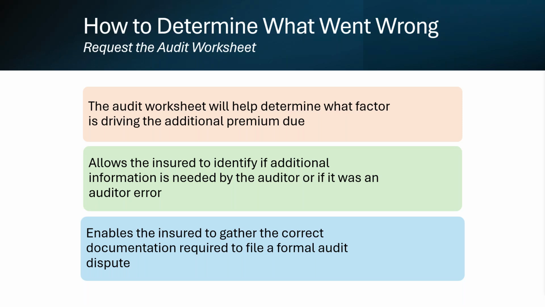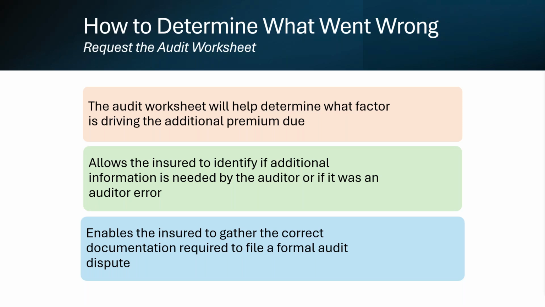For example, a homeowners association receives their final audit and the payroll for their classification has doubled and they're not sure why. Part of the audit worksheet provides a subcontractor summary, and that's going to indicate whether the subcontractor's payroll was included or excluded from the final audit based on if the insured submitted a required certificate of insurance for that vendor. And lastly, the audit worksheet enables the insured to gather the correct documentation required to file a formal audit dispute.